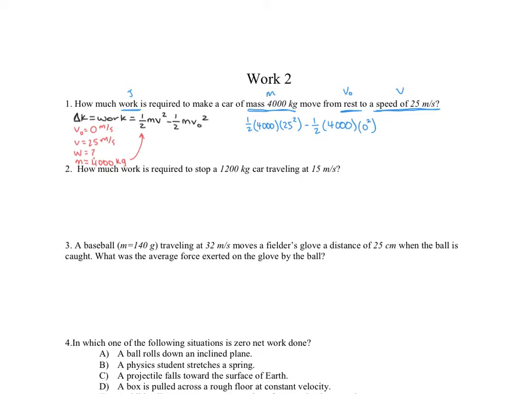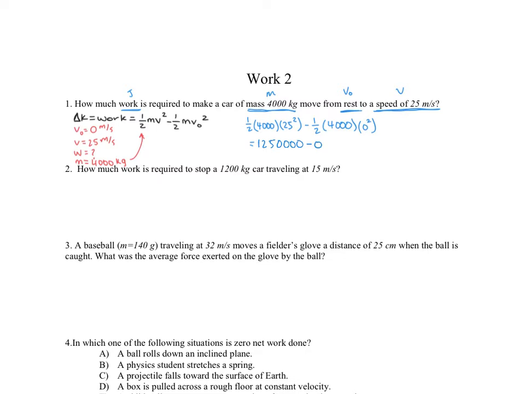Now we can go ahead and just simplify this into 125,000, and then minus 0, because since we plugged in 0, that second part of the equation would become 0, or you could just completely cancel it out in the beginning once you see that v naught is equal to 0, or you could just plug it in and see what happens.